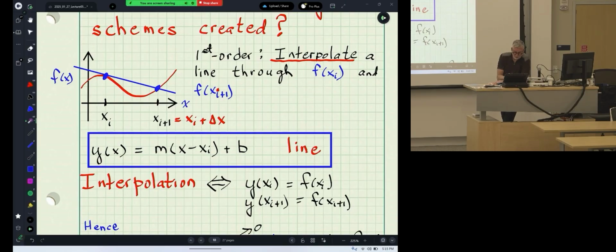I have it centered about the left point. Okay, so y equals mx plus b, and instead of putting x, I have it shifted to start with the left end of our interval. We have 2 coefficients, so we only need 2 data points to determine the values of m and b.